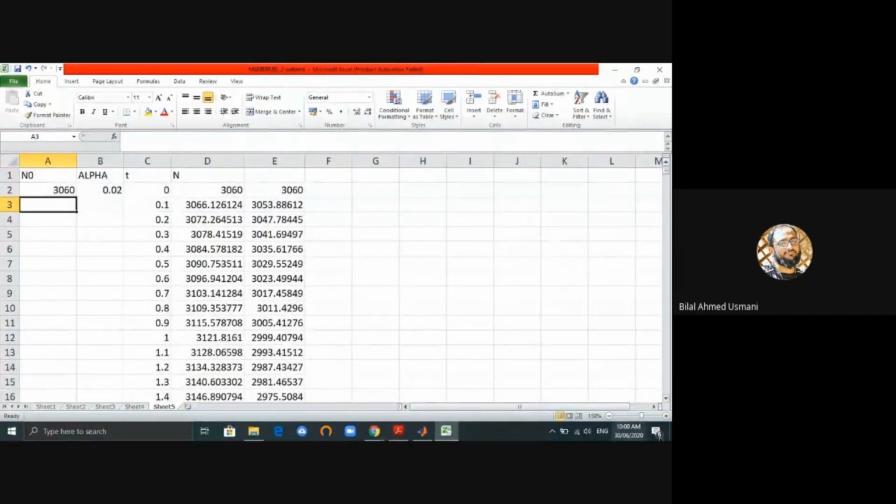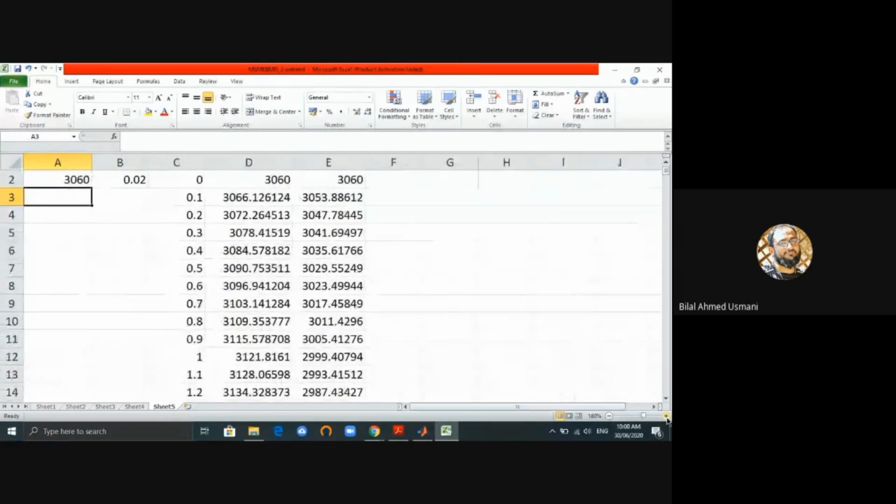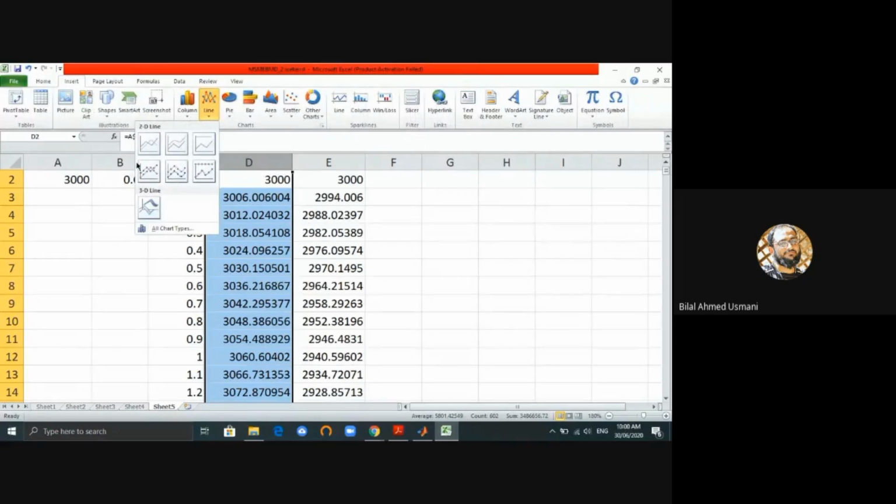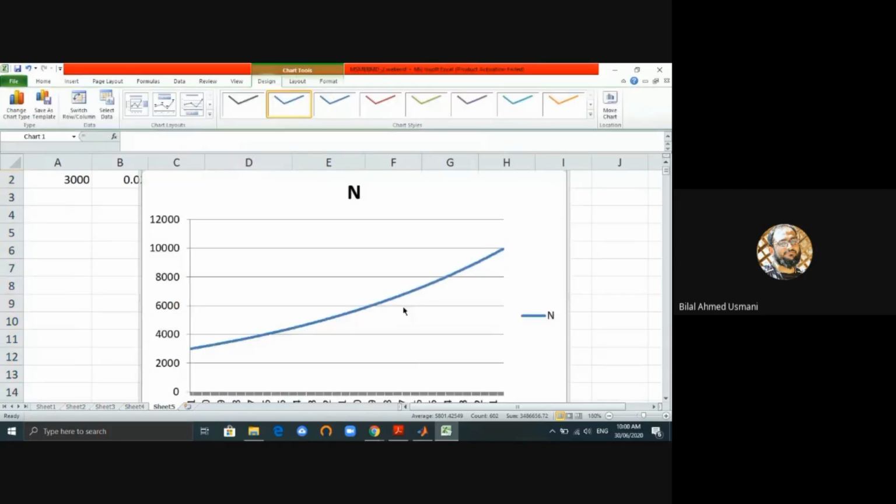So when it is 3060 or something, that's a sensible number to think about. Make it 3000. Now, if it was 3000, you can see that the exponential increase for 3000 is quite obvious over here.